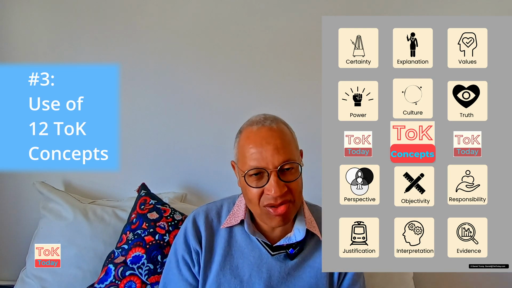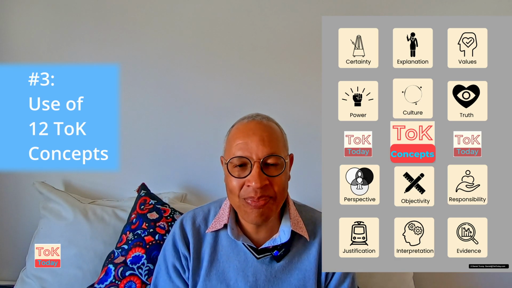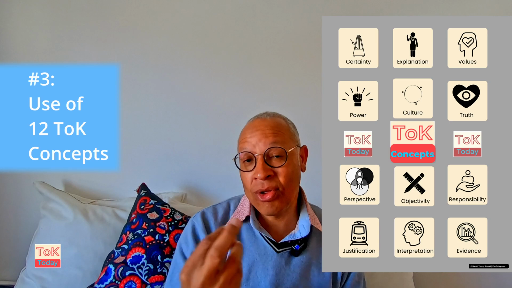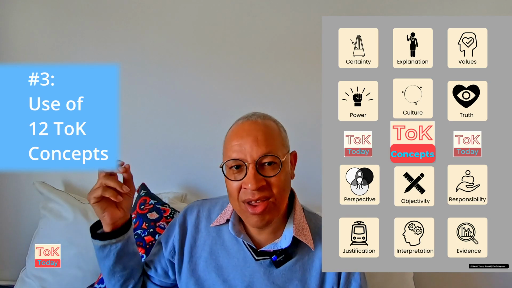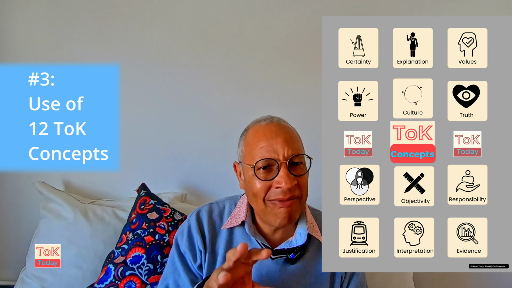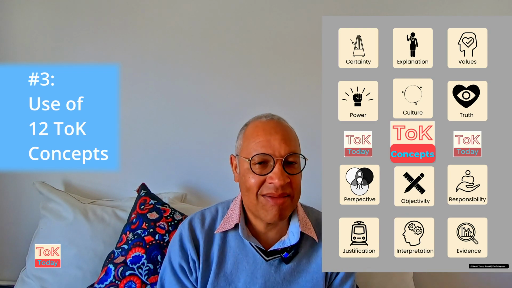Obviously, there's the usual structure of claims and counterclaims and RLSs and all of that. But where there's opportunity to bring out their 2 or 3 showcased concepts, bring them out, put focus on them, it places more emphasis on knowledge issues and it gives more focus in the essay. So ToK 12 concepts are really good things to showcase.